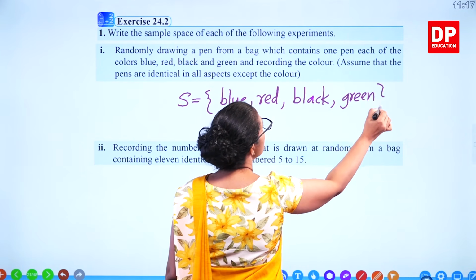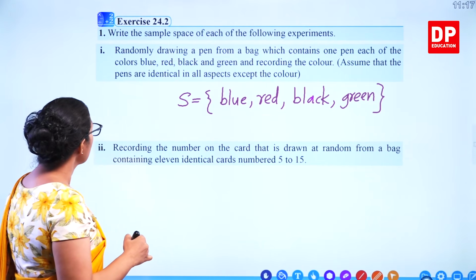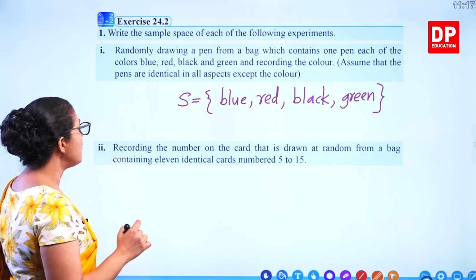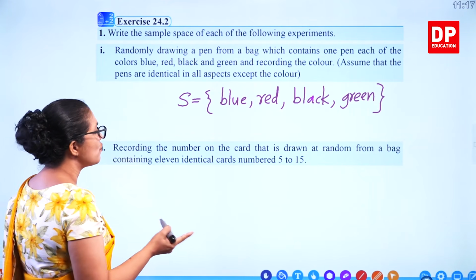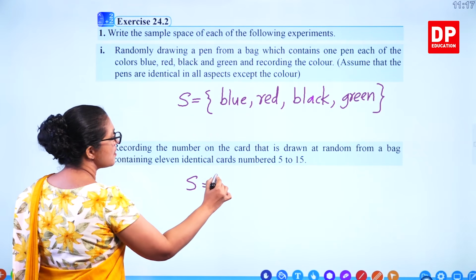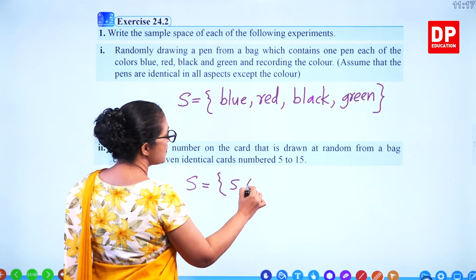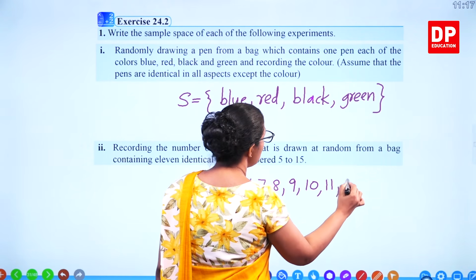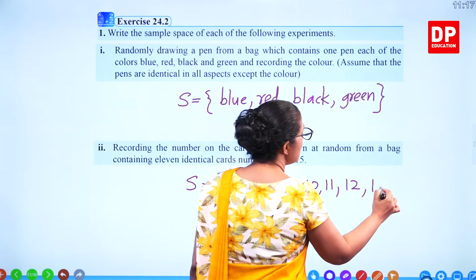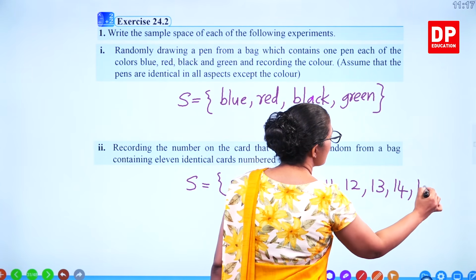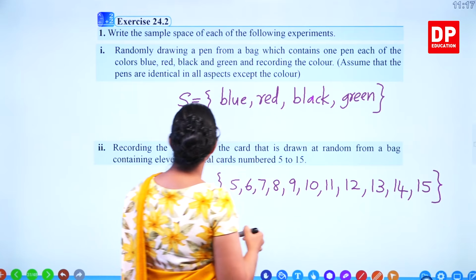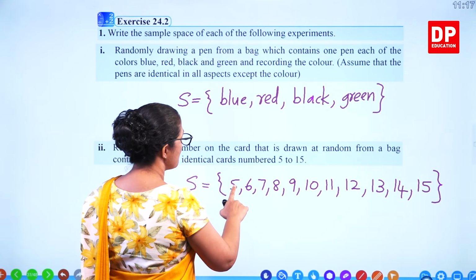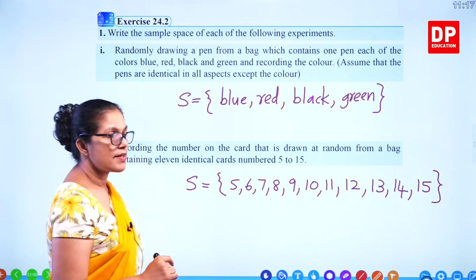So 4 possibilities are there. Recording the number on the card that is drawn at random from a bag containing 11 identical cards numbered 5 to 15. So what are the possibilities you can get? You can get 5, 6, 7, 8, 9, 10, 11, 12, 13, 14, 15. So altogether 11 cards are there.